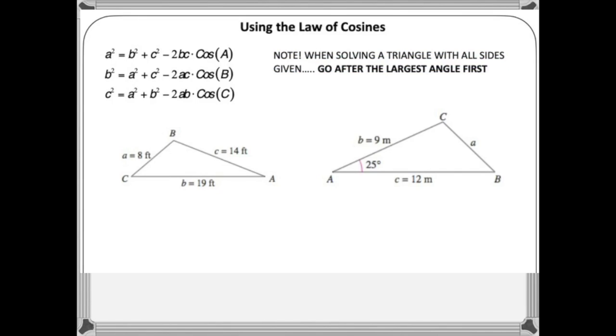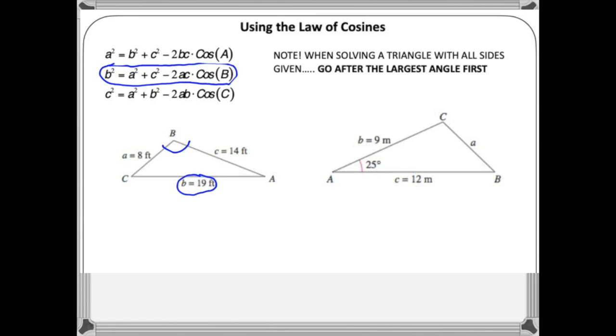Quality of life note: the largest angle is always across from the longest side. So angle B would be the correct place to start in this particular case. And this would be the form that we are going to use for the law of cosines because it contains angle B and the sides that we need to make things work in the correct places.